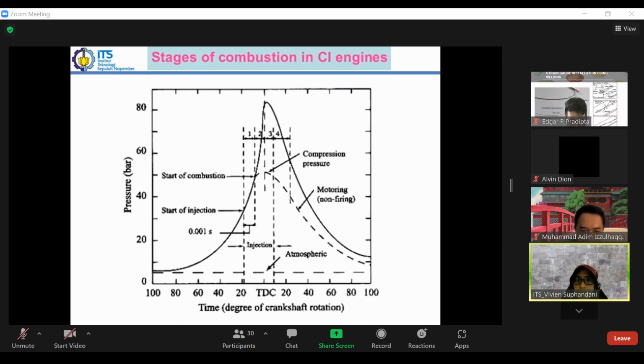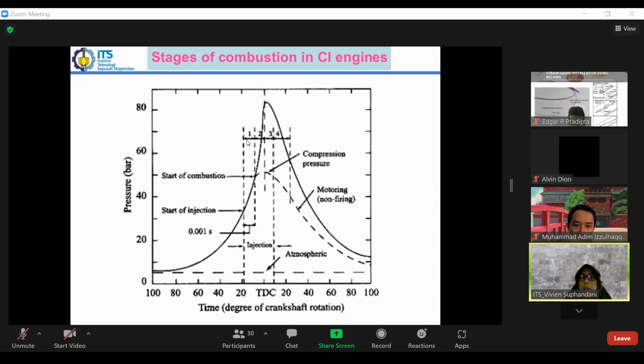Because the piston is still moving, the pressure increases, and afterward is the start of combustion. When combustion starts we have a very sharp increase in pressure, and the maximum pressure is expected very close to top dead center, and afterwards it goes down.